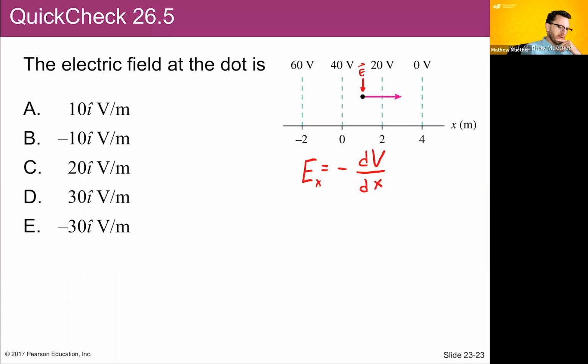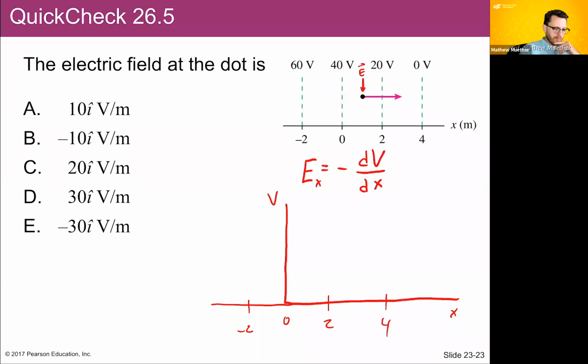Well, first of all, let's just make a plot to try to maybe help us understand this a little bit better. Let's make a plot of the potential as a function of position, right? So they give us -2, 0, 2, 4.